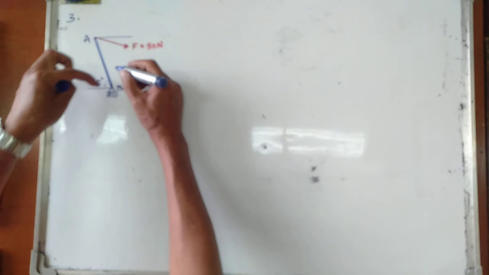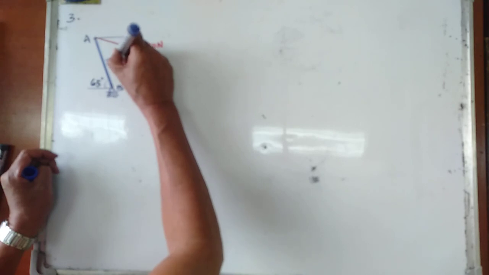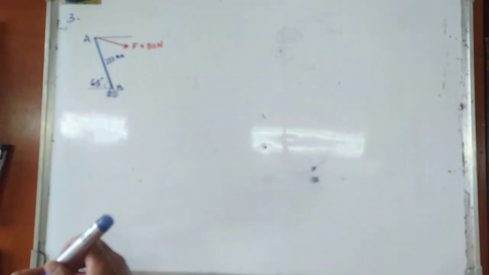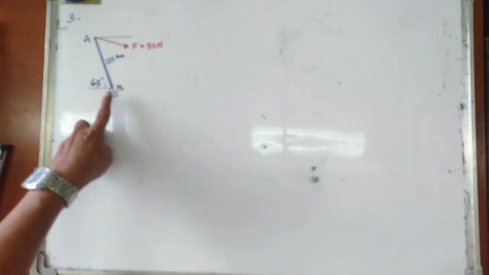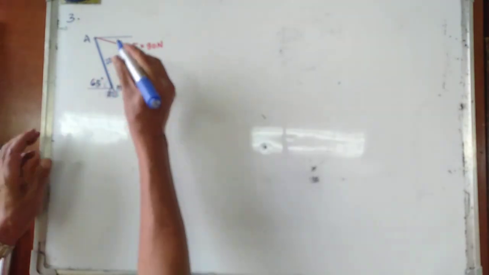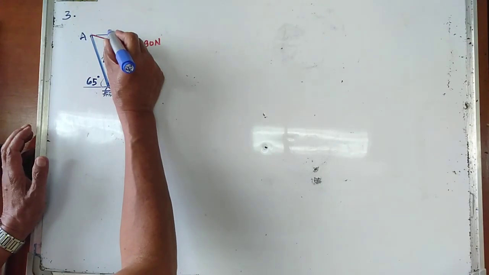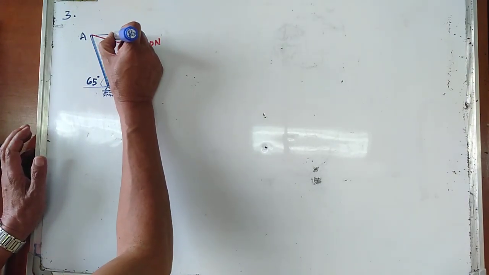So this length in here is 225 millimeter. Determine the moment of the force about point B. So we're going to determine now the moment of the force about point B. Okay, so this is equal to 25 degrees.